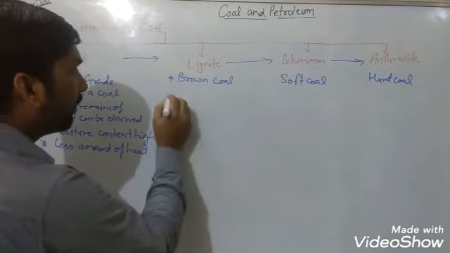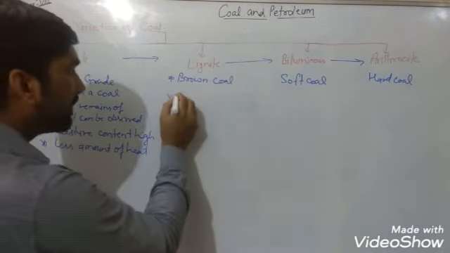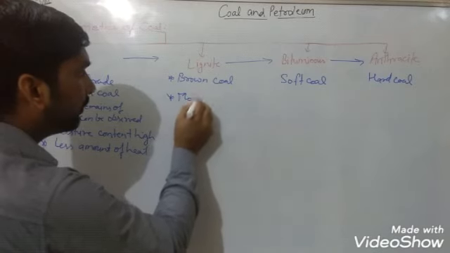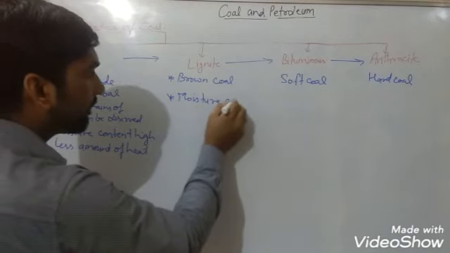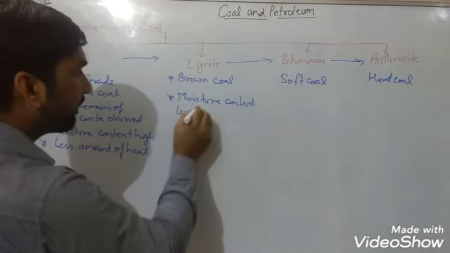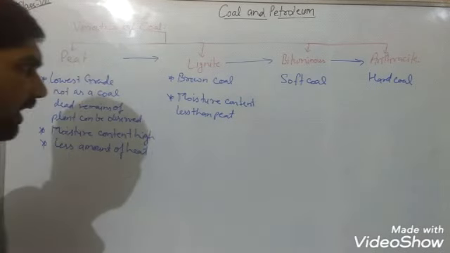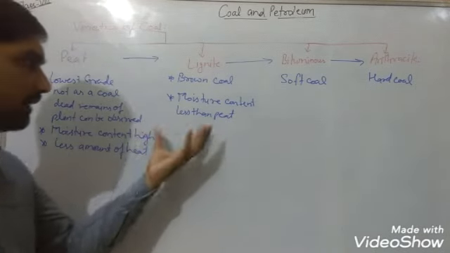When we consider about lignite, here the moisture content was high in peat. Moisture content will also be here, but less than peat. So if the moisture content will be less, it means what?